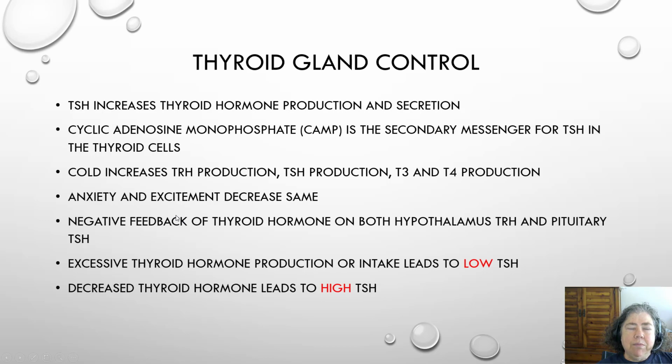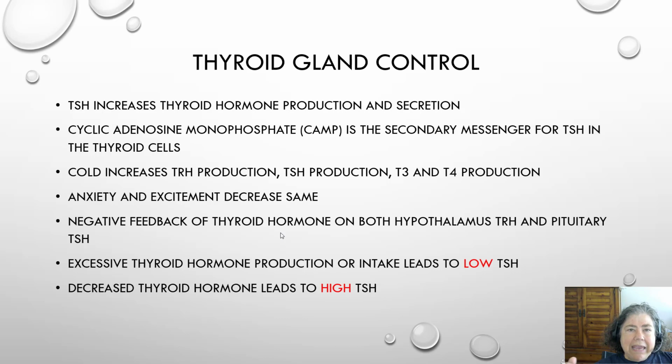And if you remember the feedback loops, there is a negative feedback of thyroid hormone on both the hypothalamus and the pituitary gland. So when thyroid hormone goes up, TRH goes down and TSH goes down. When thyroid hormone goes down, TRH goes up and TSH goes up.